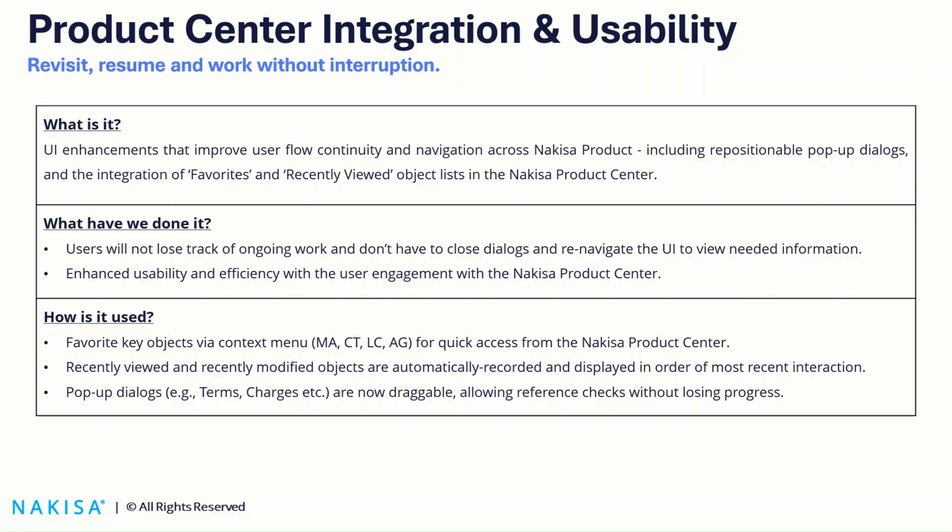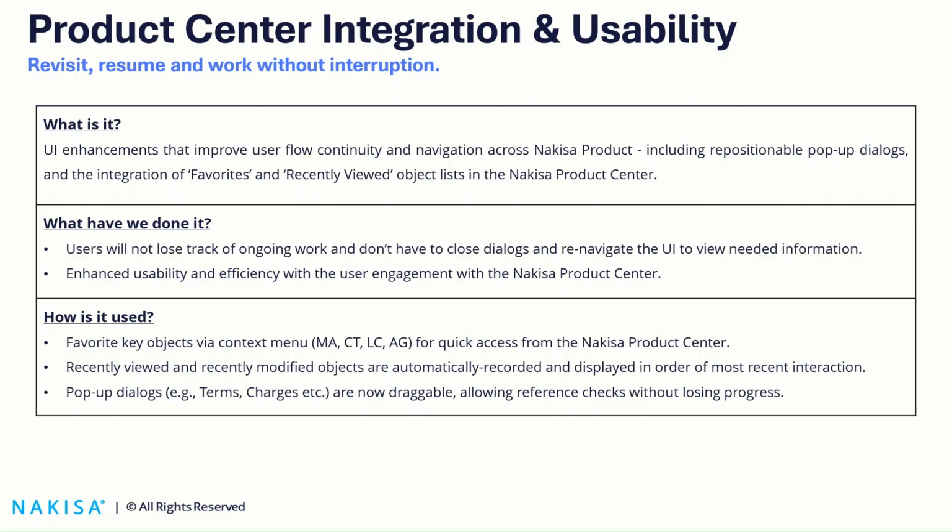Nakisa's Product Center. Users can use the Product Center not only to navigate existing modules they have access to, but also look at the new modules that have been added and what their functionalities are. Plus, now we have the integration of favorites and recently viewed objects in the Nakisa Product Center.